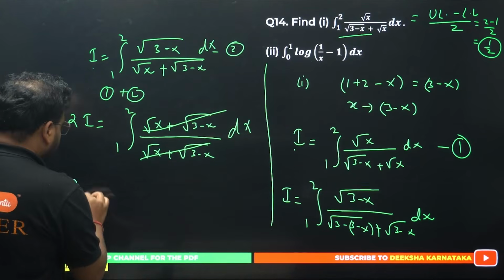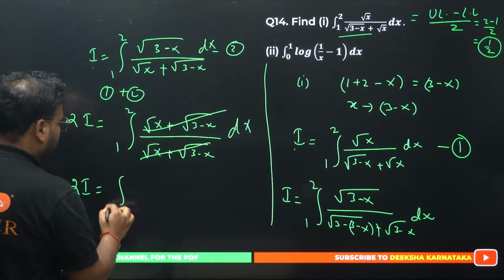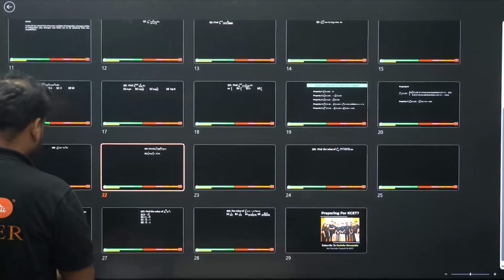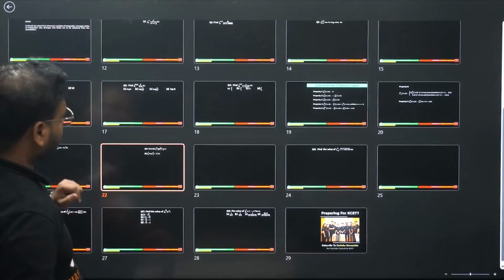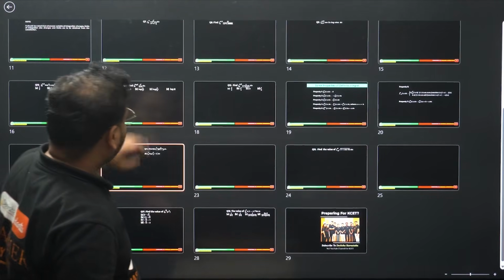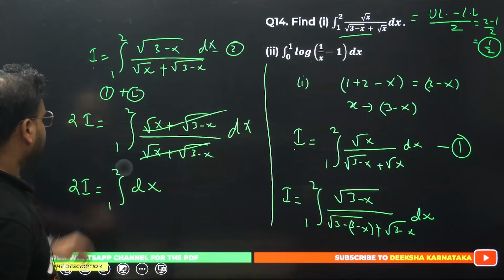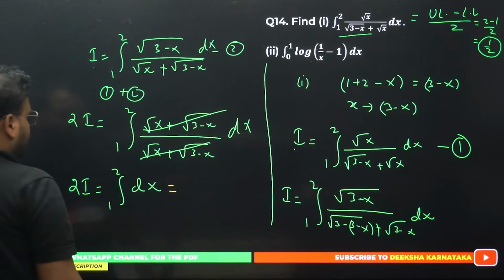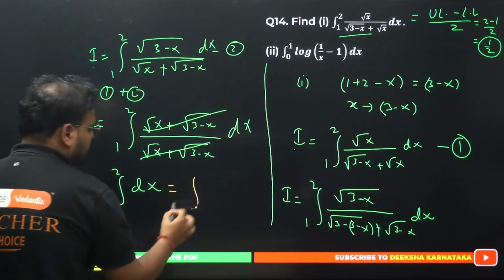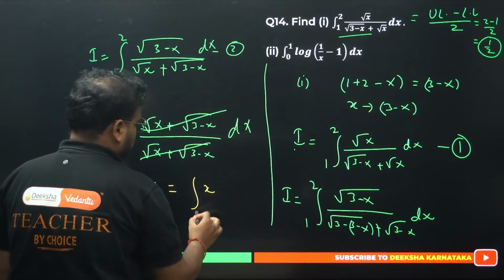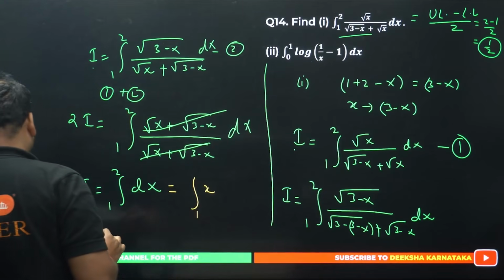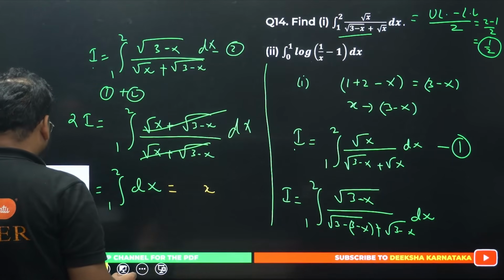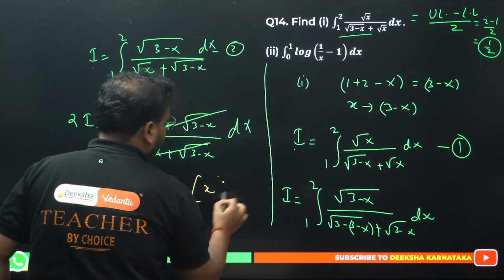Have a look. Basically, this whole thing is becoming 2I equals the integration of 1 to 2 dx. Alright, I was on this question, right? Have a look. I'm getting the integration as x, and if I write x, the integration is over, from 1 to 2.